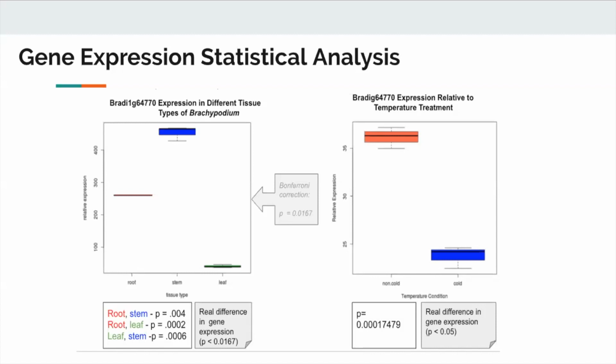All p-values calculated between tissue types were much less than this number, allowing us to confirm the difference in gene expression is not due to chance, indicating our gene is expressed much more in the stem than the root and leaf. This is consistent with our previous idea that our gene is expressed most at the bottom of the stem where a plant grows from. Moderate expression in roots also supports this idea.